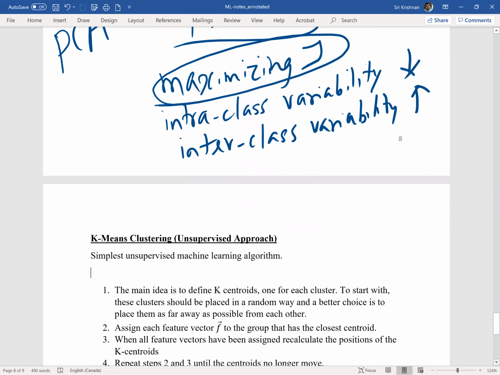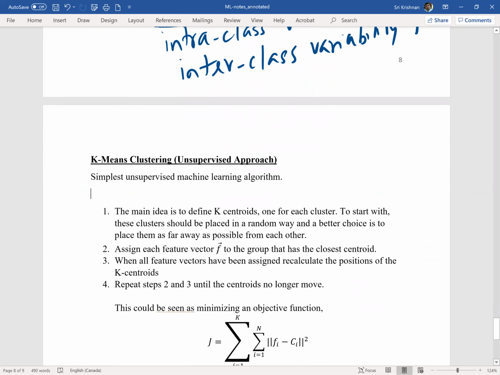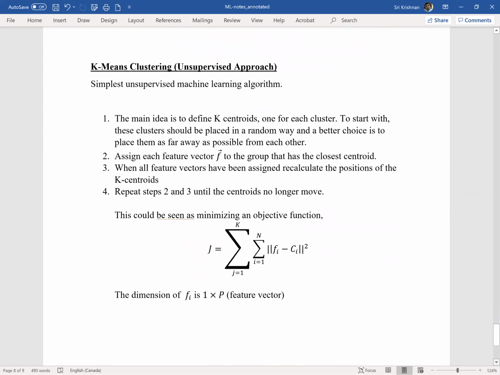The next technique I would like to touch upon, the third technique today, is K-means clustering. K-means clustering, as the name indicates, is a clustering approach, and any clustering technique tends to be an unsupervised technique. K-means is one of the simplest unsupervised techniques, and it basically involves 4 key steps.